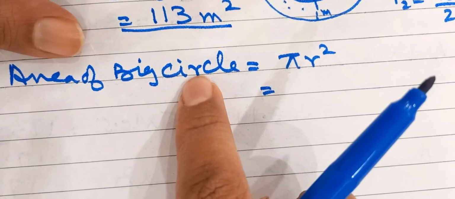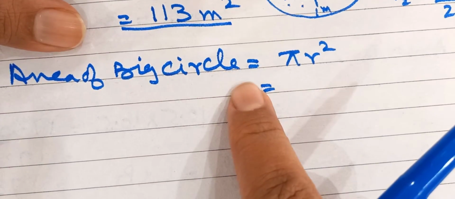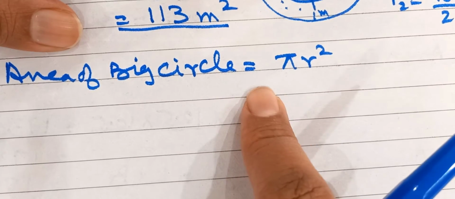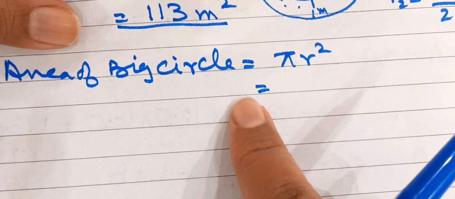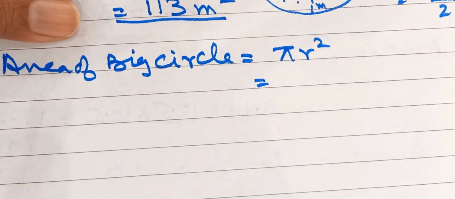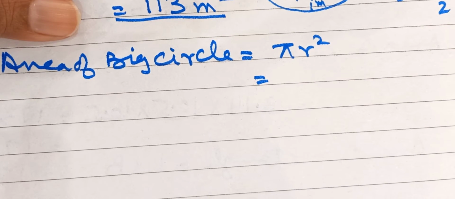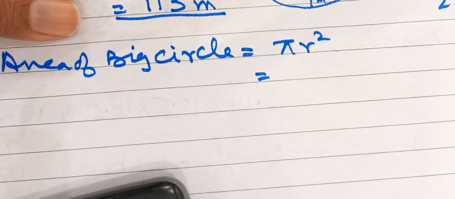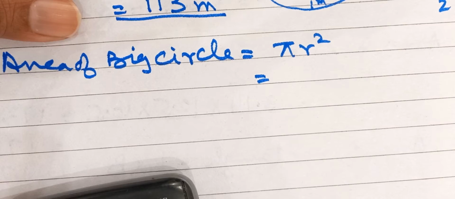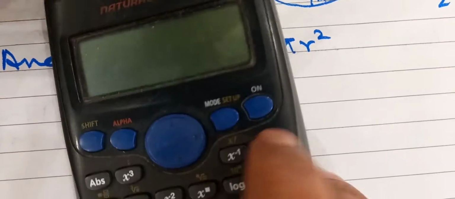But in this second part, as I have to find out the cost, I will try to use the value of pi at least up to 4 places of decimal.